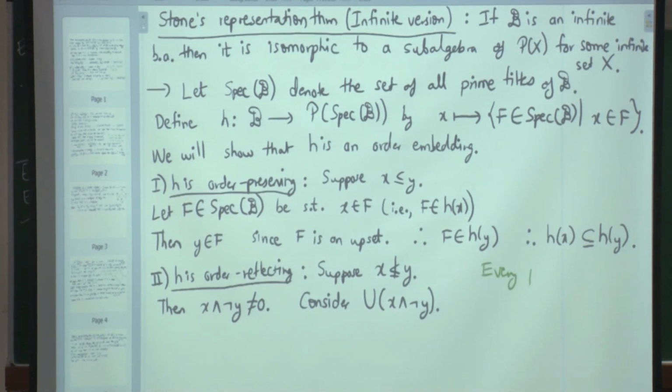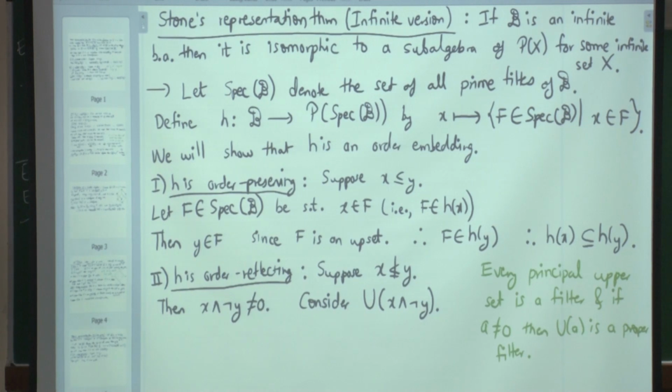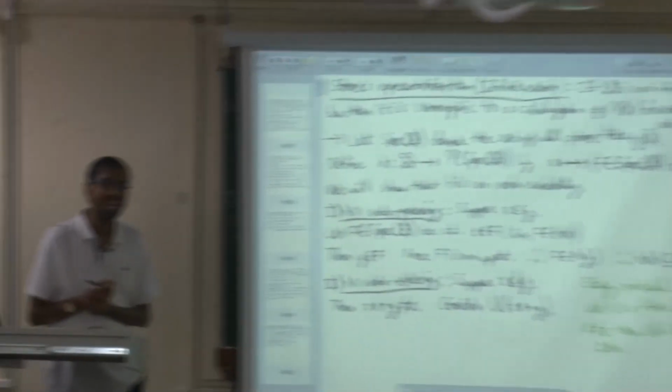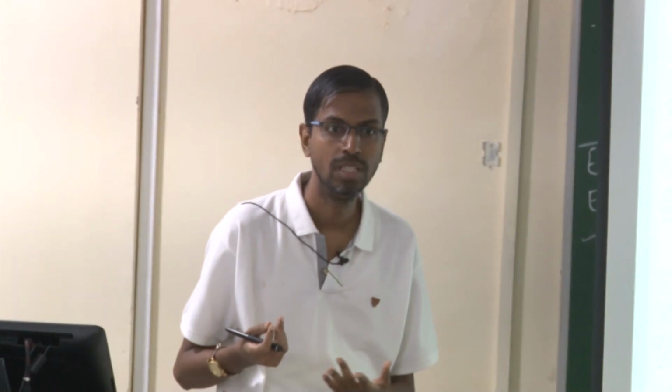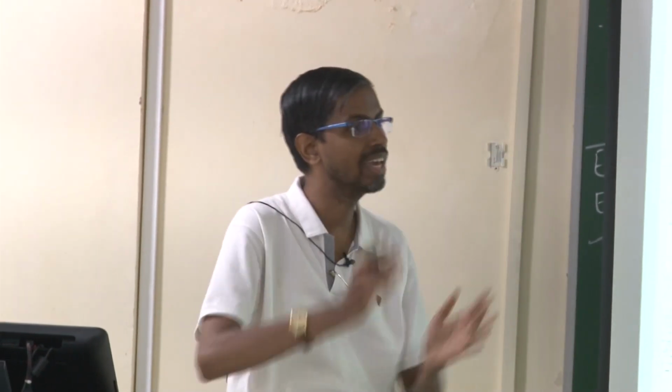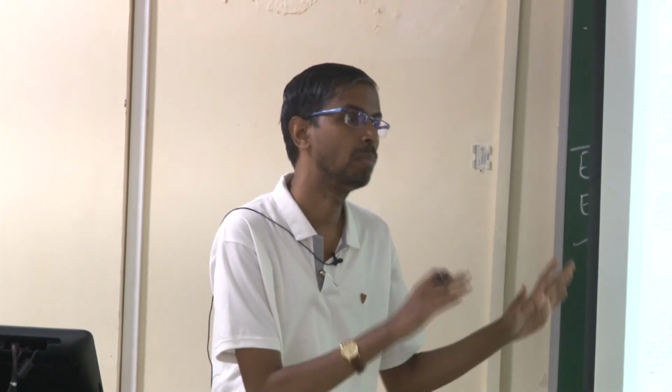Every principal upper set is a filter, and if A is not 0, then UA is a proper filter. Right, because UA cannot contain 0. If A is non-zero, then the upper set of A cannot contain 0, so it must be a proper filter.